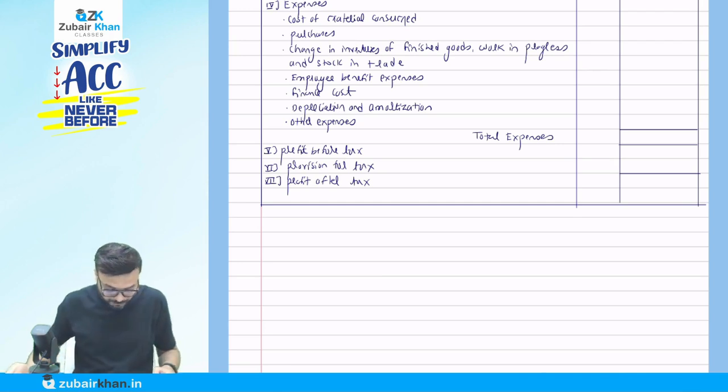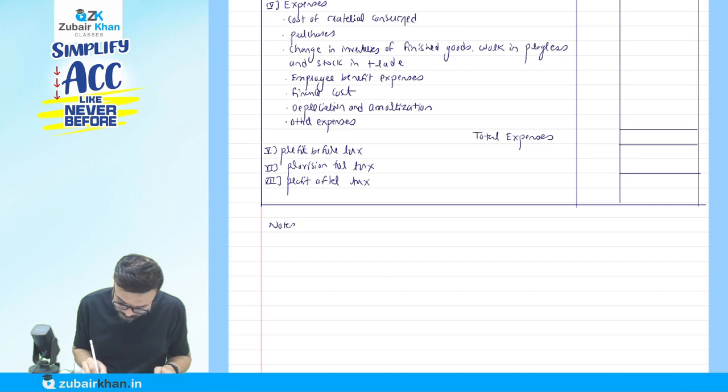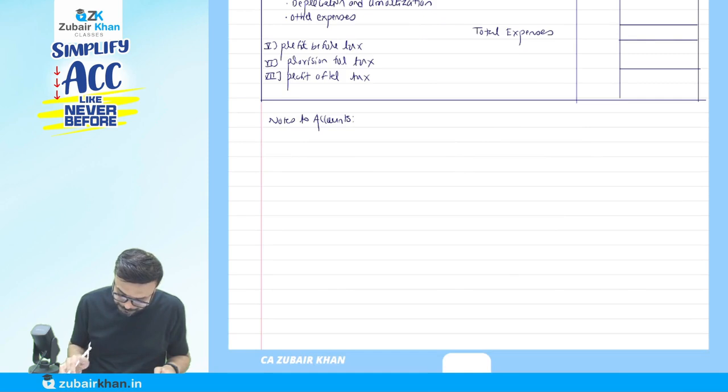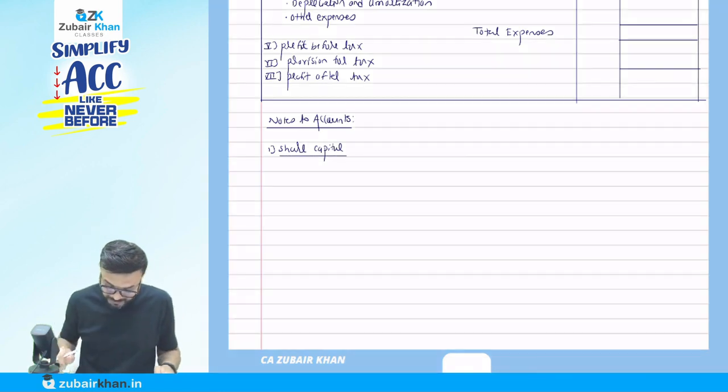Now write down the notes to accounts one by one. Notes to accounts number 1, share capital. Keep a space of 6-7 lines.